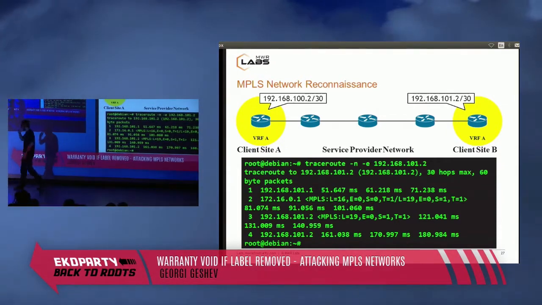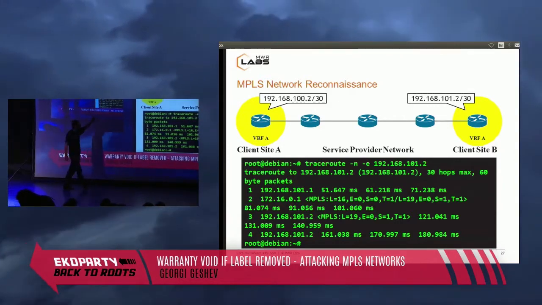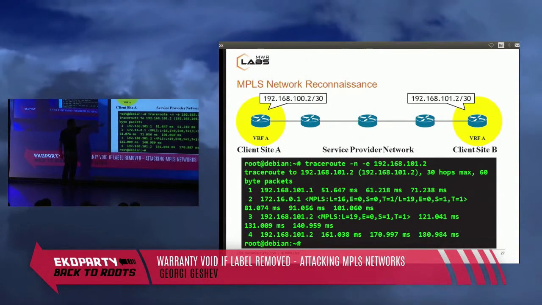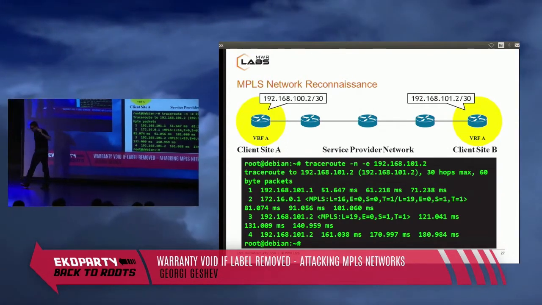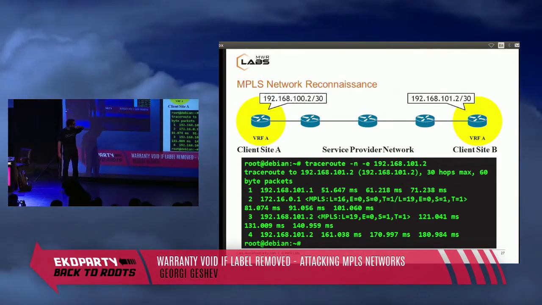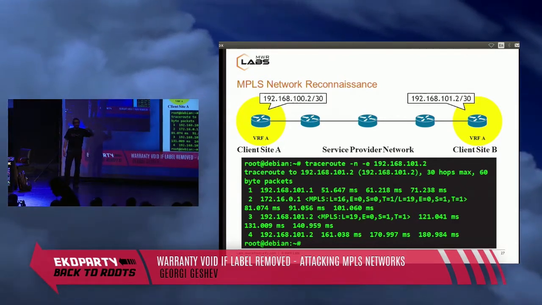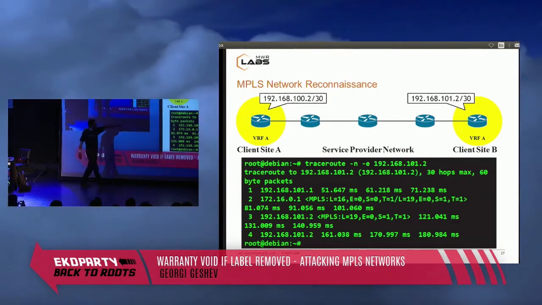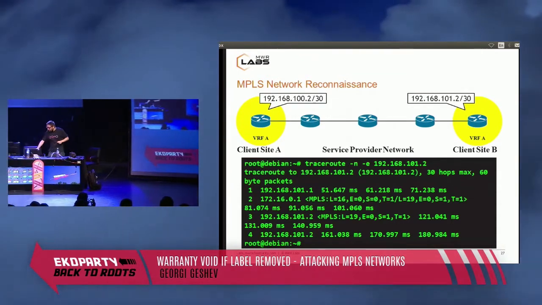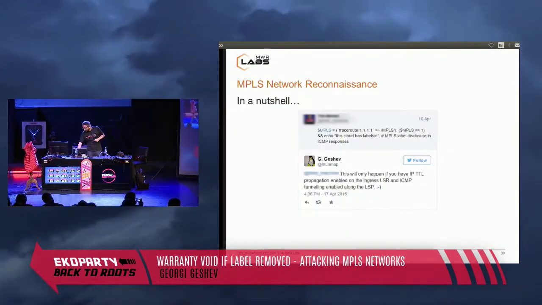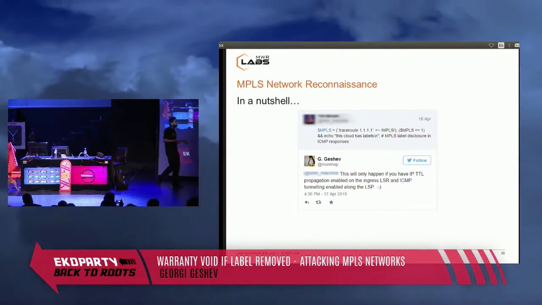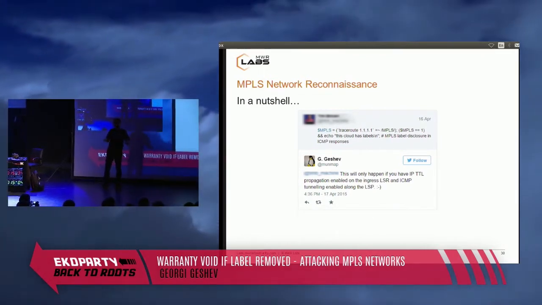When you have them enabled, you should be able to not just reveal the number of intermediate devices from customer side A to customer side B, but also leak internal IP addresses and some information about the labels being used for labeling traffic within the MPLS domain. Again, this information is only available to an attacker when the service provider does not follow the security best practices.